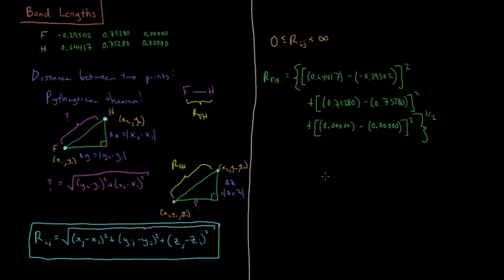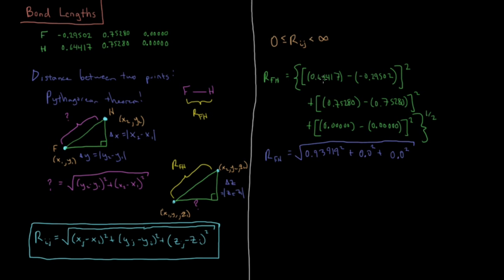So what does this value end up being? RFH equals the distance between these two, 0.93919 squared, plus this difference squared is 0.0 squared, plus this difference squared is 0.0 squared. Then we take the square root.